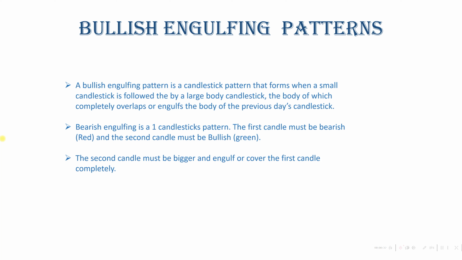The candle which is engulfing should be green. Here it is written, the second candle must be bigger and engulf or cover the first candle completely. So this is how the bullish engulfing candlestick pattern is formed.